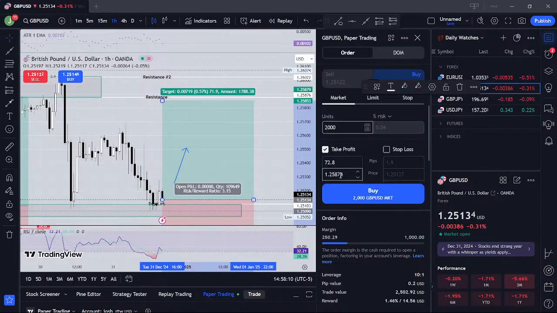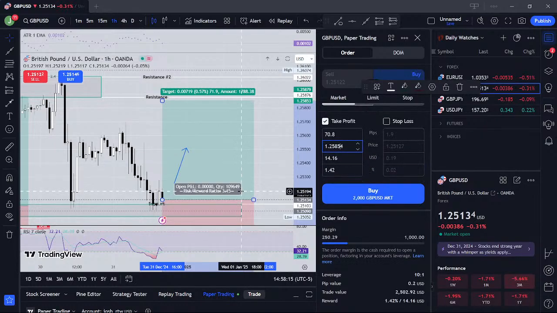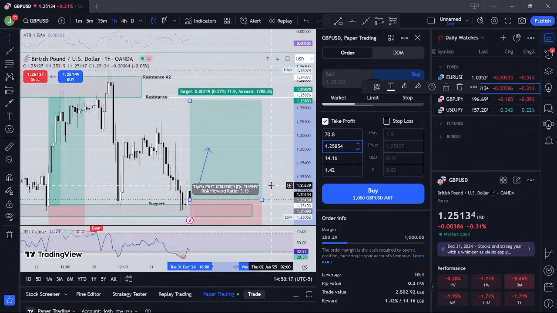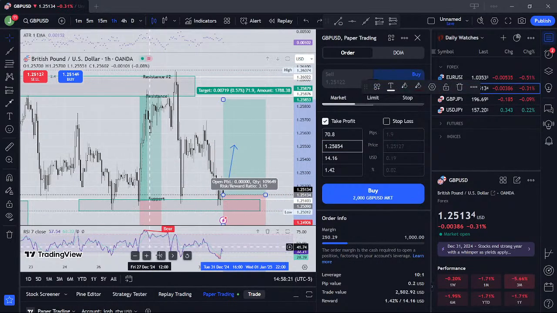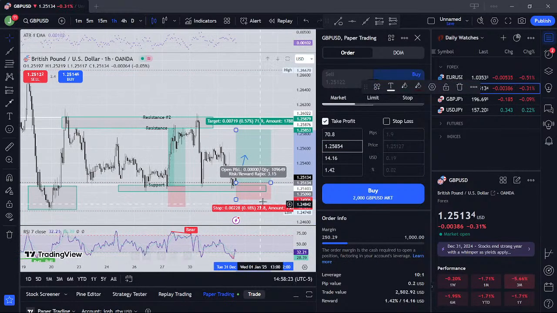I'm going to say 254. Then my stop loss is going to be, no, I'm going to decrease this. I'll push my stop loss two more pips, so that's 2.4.